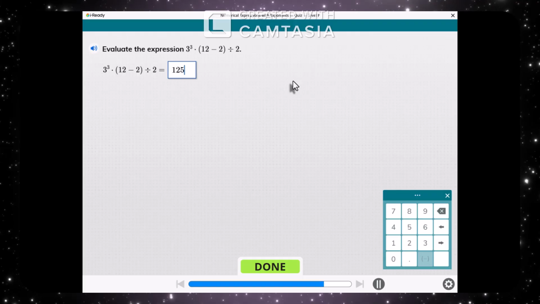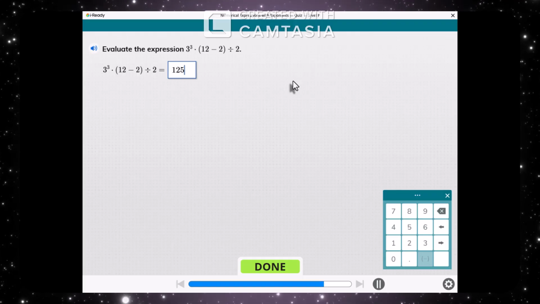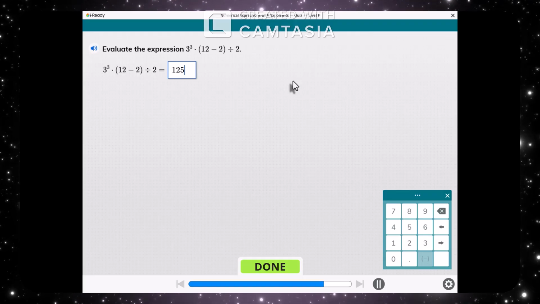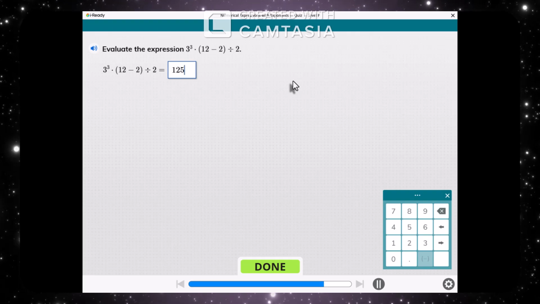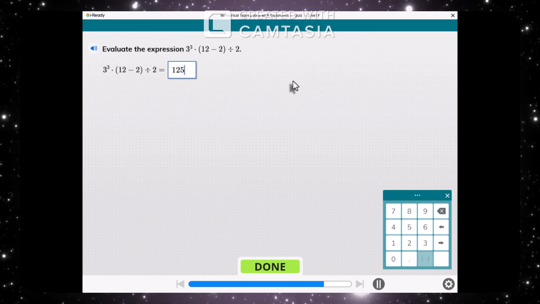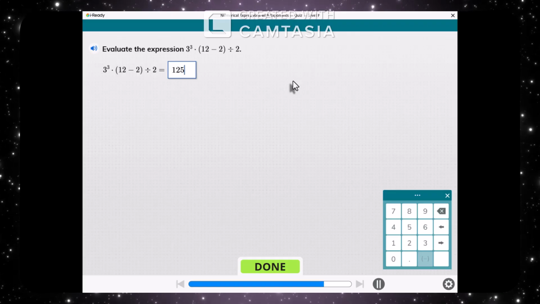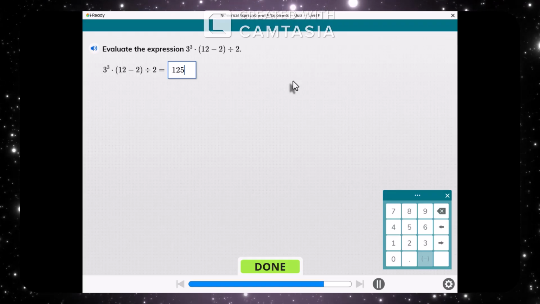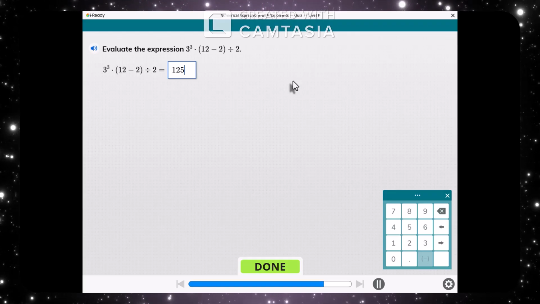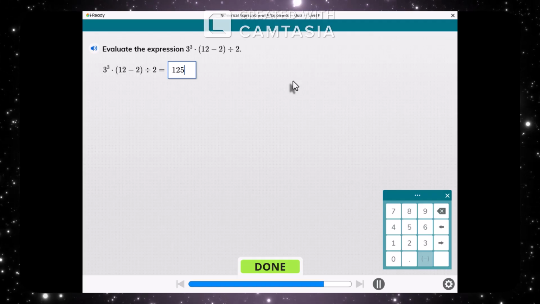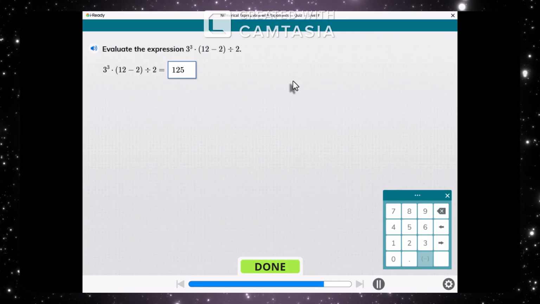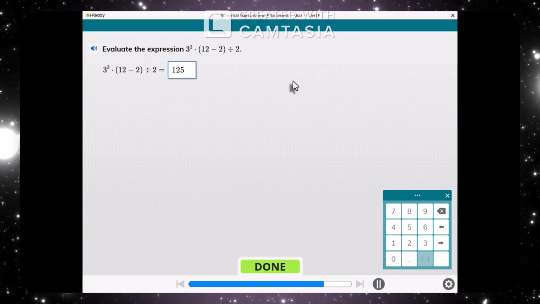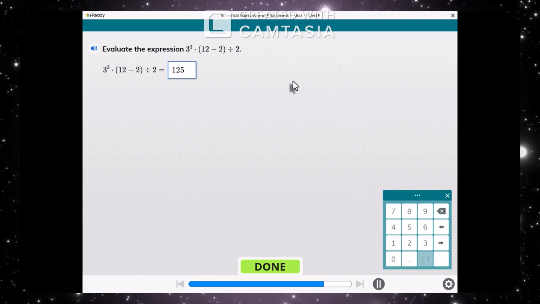Because 135 times 2 is equal to 270. You see? Because 3 times 3 is 9, times 3 is 27. And then 12 minus 2 is 10, and then that's 270.